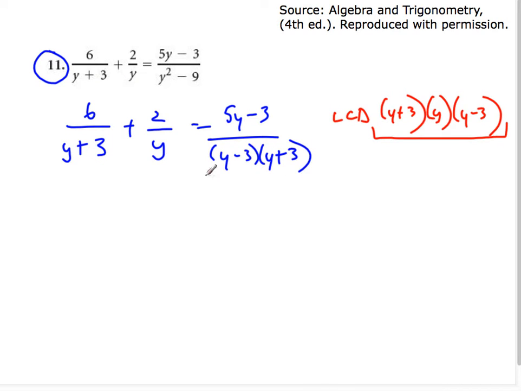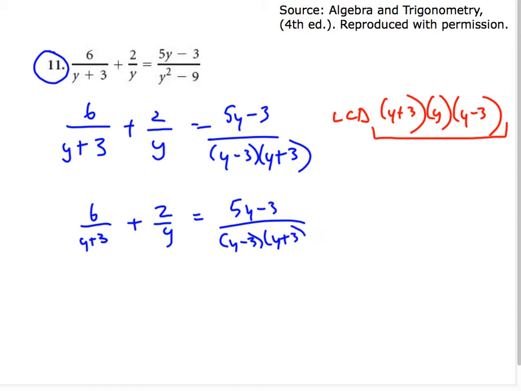So now I'm going to take the exact same equation, 6 over y plus 3 plus 2 over y equals 5y minus 3 over (y minus 3)(y plus 3), and we'll multiply each of the terms by this lowest common denominator: y plus 3, y, and y minus 3.